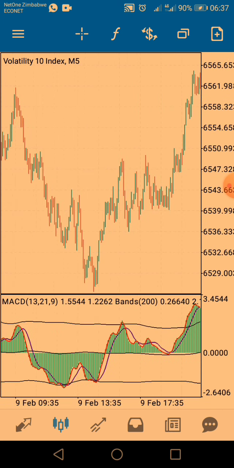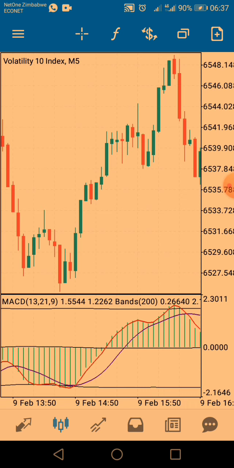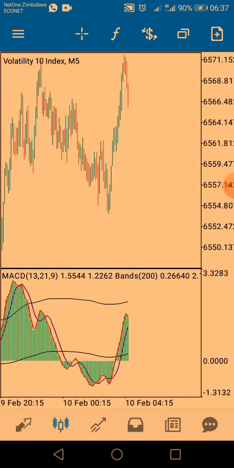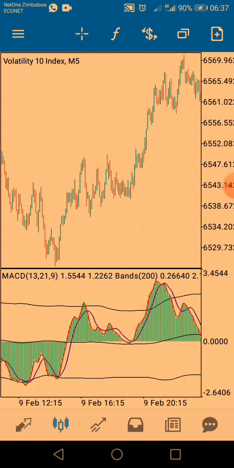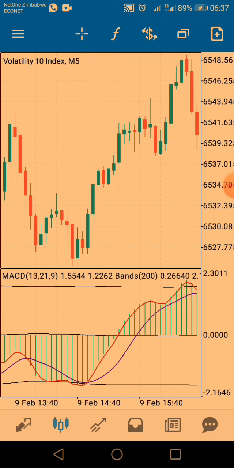We have our purple line here, which is the MACD, and the histogram, and I also have the 2 period moving average, which is the red line, and we also have the Bollinger Bands, which is in black. Now the strategy is, if you see the MACD touching the lower band or the upper band, you'll be looking to place a trade, but you wait until you see the crossover of the moving average and the MACD line here.